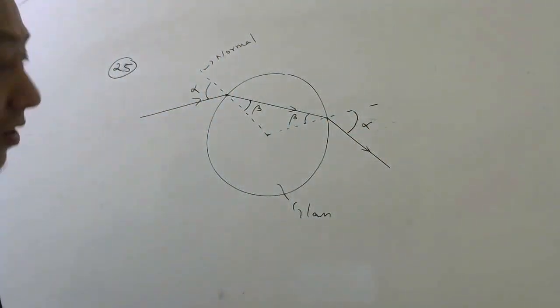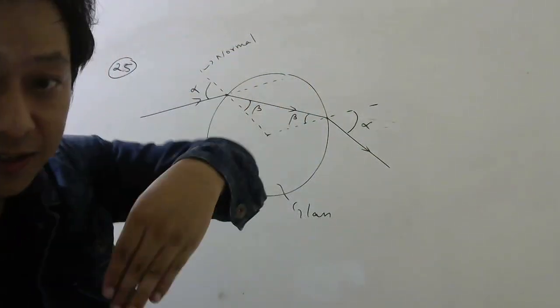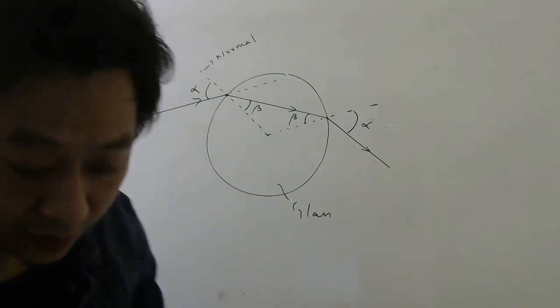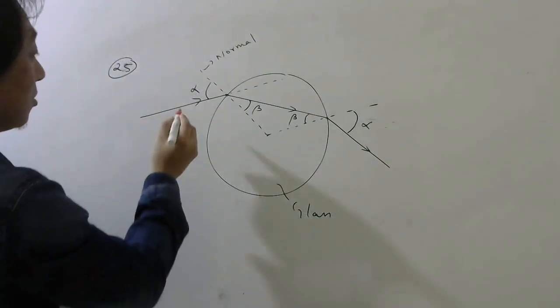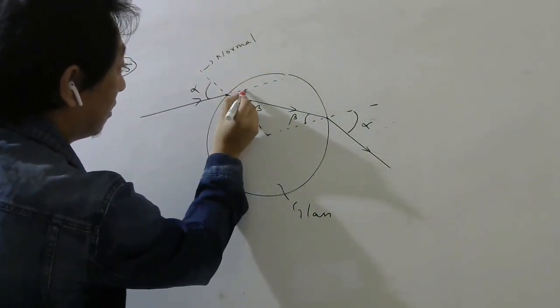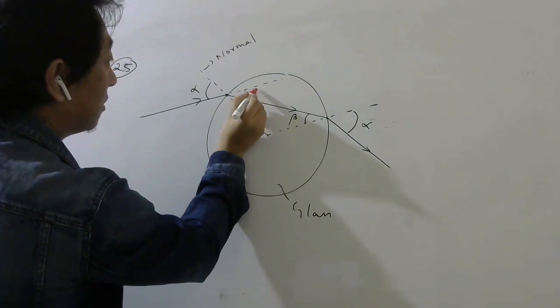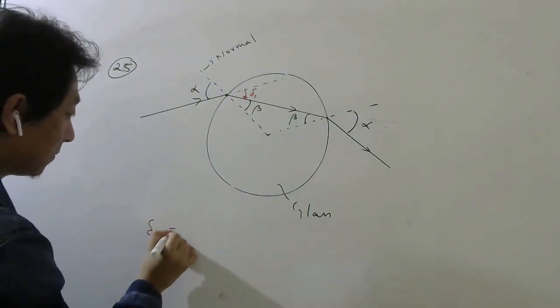Now they want deviation. Deviation means how much the light deviates. So we will calculate the deviation at each refraction. Light here was traveling this way, then it is traveling this way. So this is the first deviation. How much will it be?